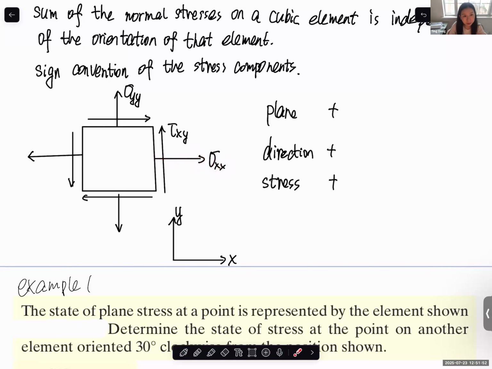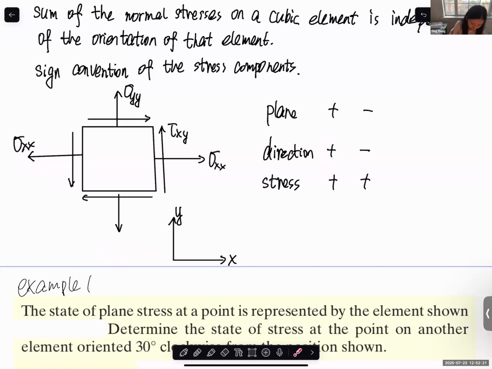And you may ask, how about this one? This is also sigma xx. For this one, as you can see here, the plane is facing the negative x direction, and the direction is also in the negative x direction. So it's negative, negative, it's still positive, right? This is a good example.